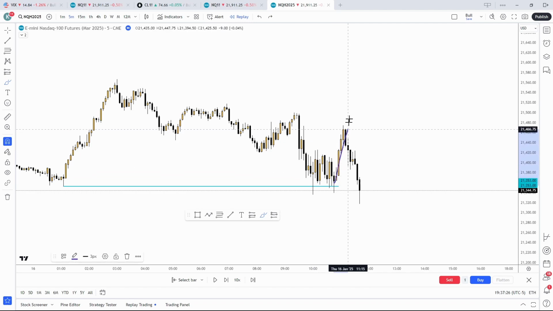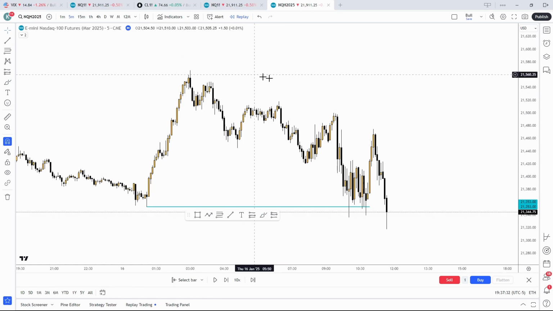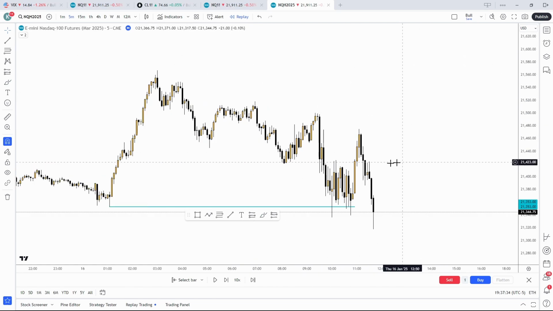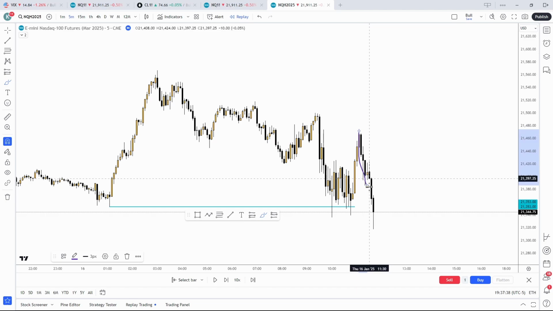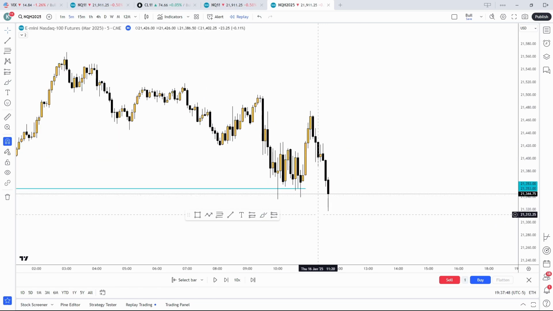Very rarely will you see this just blast off unless you have a real higher time frame reason for price to be done, and then we just wreck all these highs. In this case, usually you see that trade back in to mitigate the range and then lift off. Instead, what were we met with? We were met with an SNDR that then broke below, coming back down for these lows again.